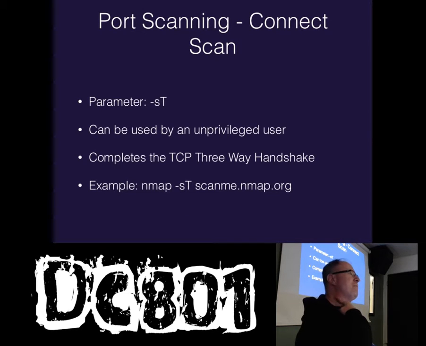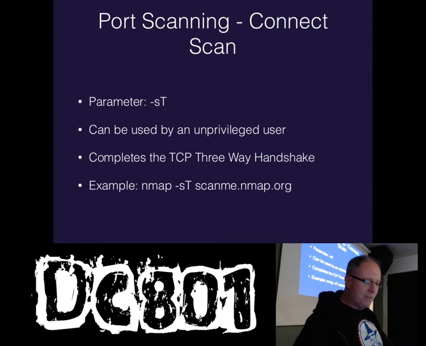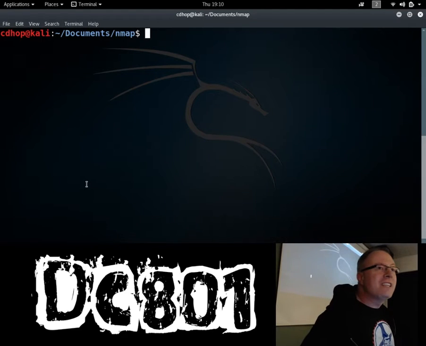So let's talk about probably the most simple, straightforward type of port scanning. And for TCP only, so you're not getting your UDP, it's a connect scan. It does a complete three-way handshake. And then it comes back, whatever responded, it'll show you the results. So, for example, let's get into it here.